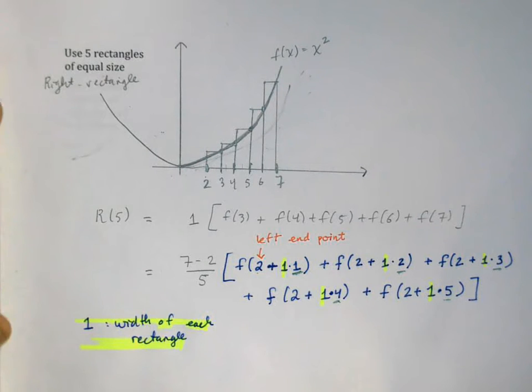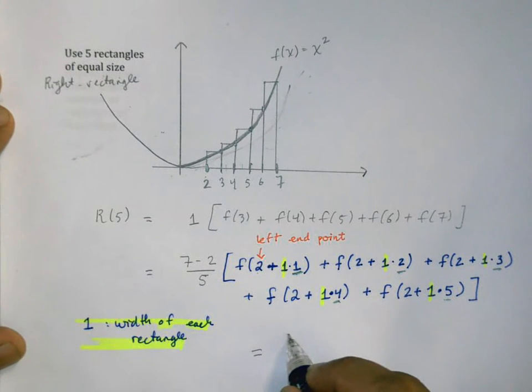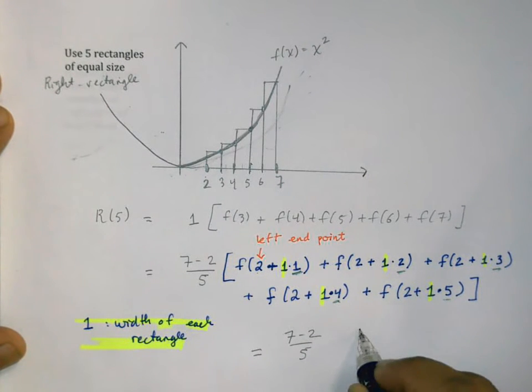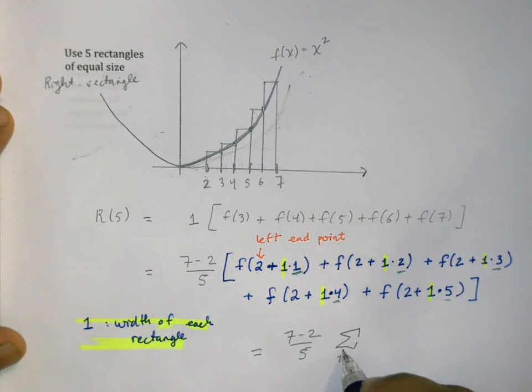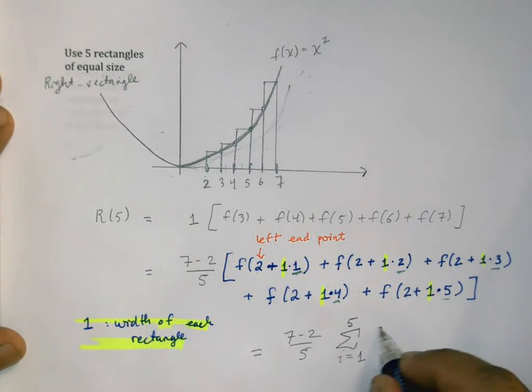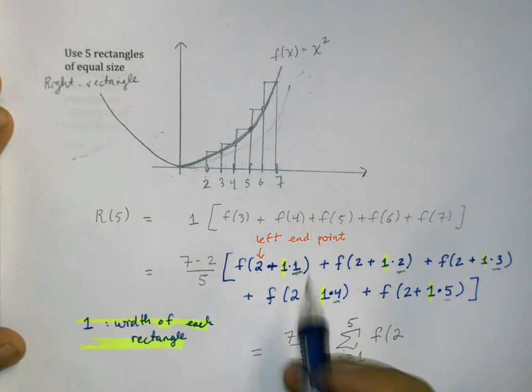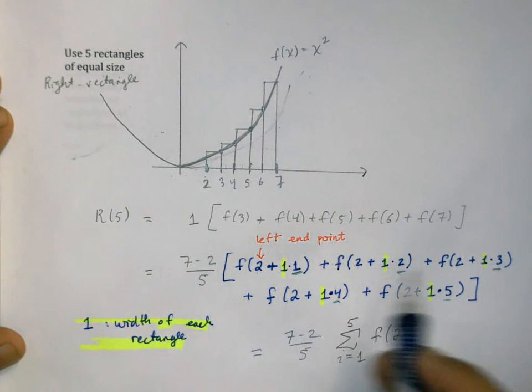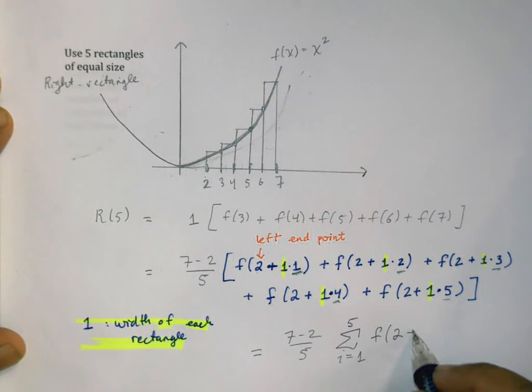So the way I think about this is that R of 5 is essentially equal to 7 minus 2 over 5 times the summation of i equals 1 to 5 of f of 2, the left endpoint, which never changes, plus the width of each rectangle, which happens to be 1, times the iterator.